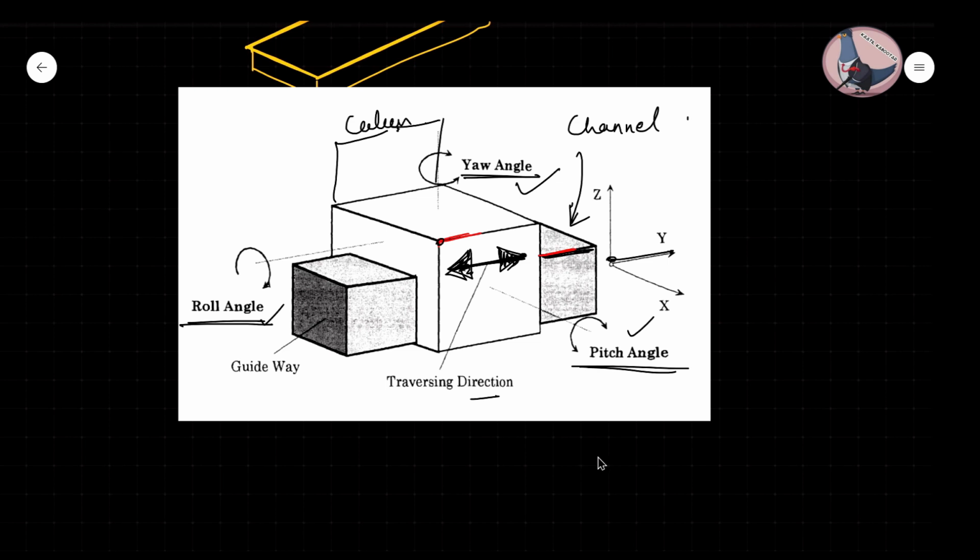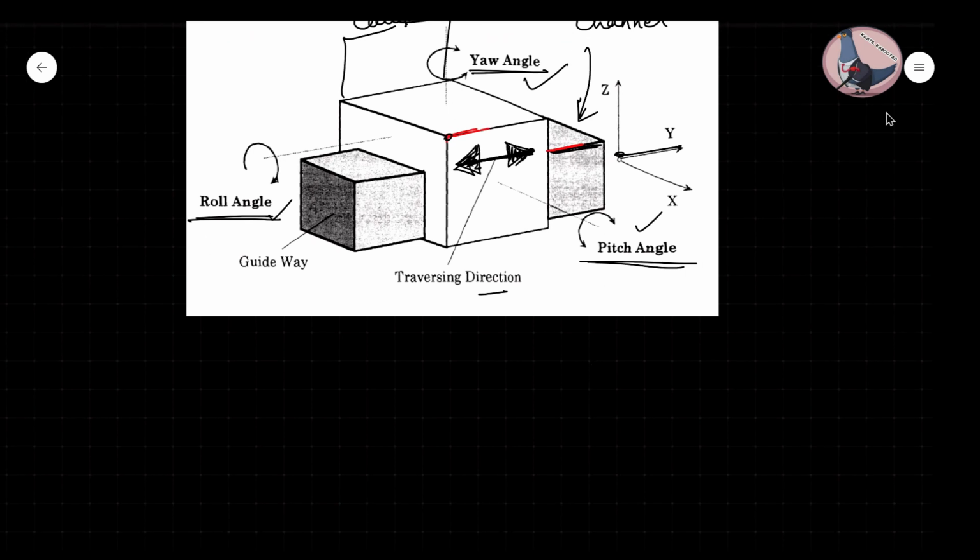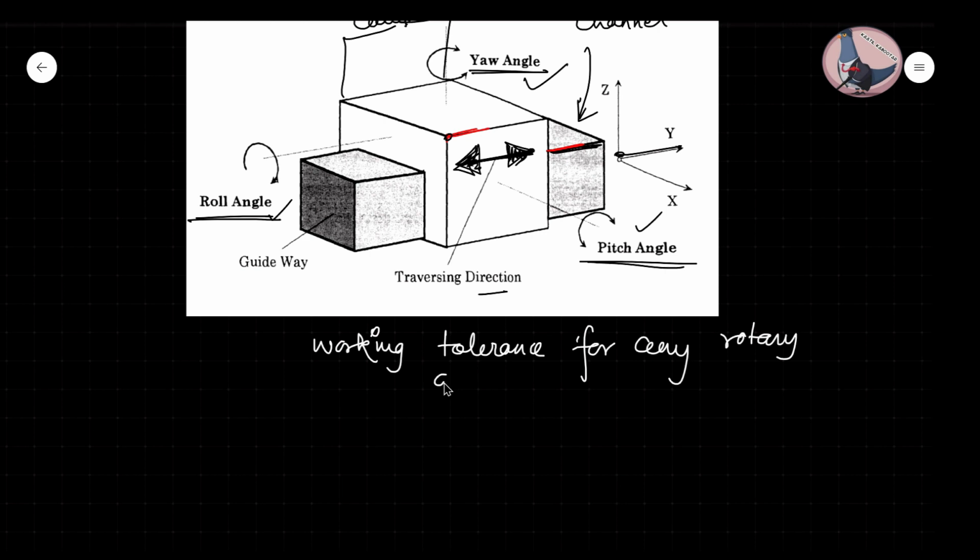Now, the working tolerance for any rotary axis is specified by two characteristics.